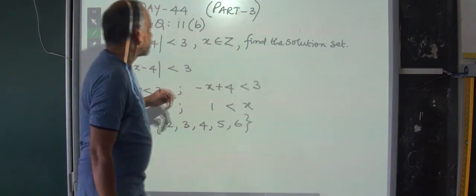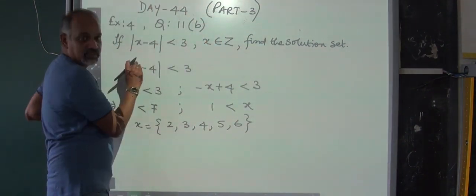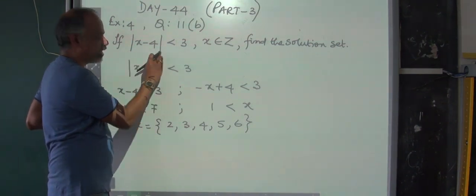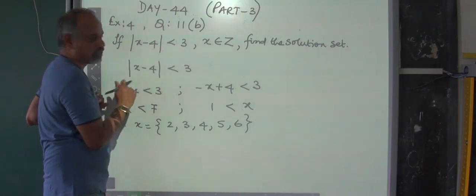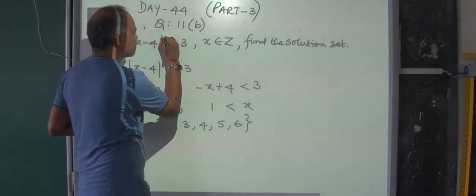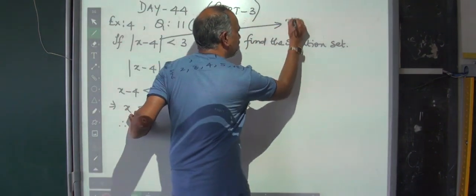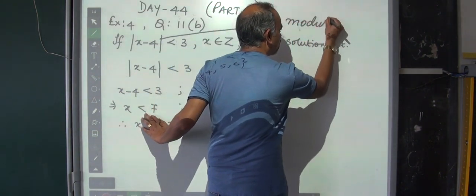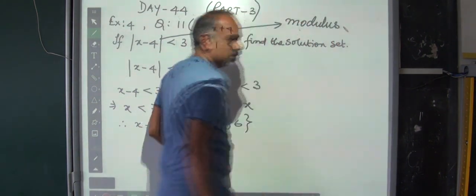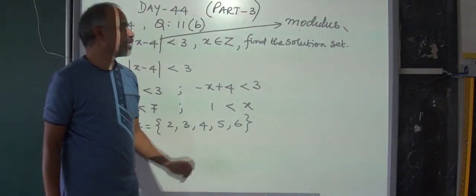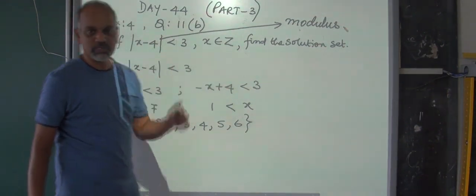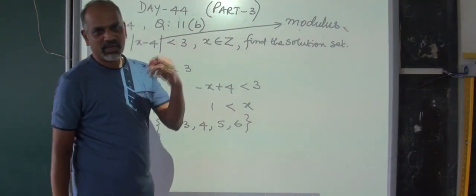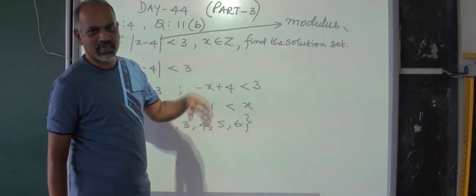Okay. Now, if you look at this, you will see something new. There are two lines here. These two lines are called modulus. Anything which is written inside a modulus has two possible values. One is a positive value, the other one is a negative value.